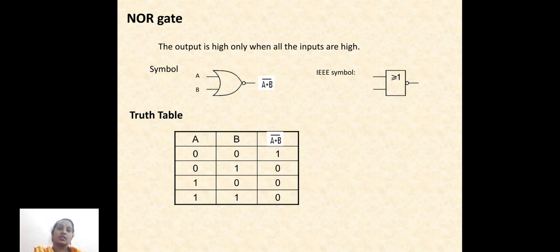What is the function of NOT gate? Complement function. What is the logic of OR gate? If any of the input is high, the output is high. But in NOR gate, it is complement. If any of the input is high, the output is low simply. Why? Because it is the complement function of OR gate.